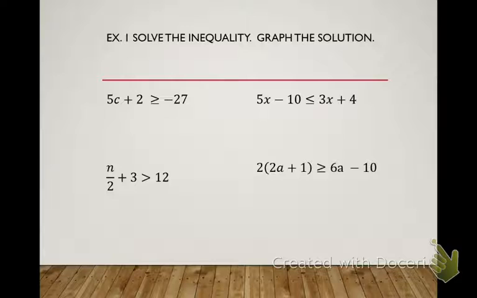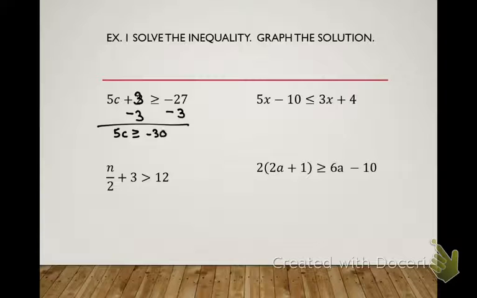Subtract it. Does everybody agree that 2 minus 2 would make this cancel? Okay, actually, let's make that a 3 so this works out to be a little more even. Okay, so let's subtract 3 to the other side. All right, no biggie. Okay, so now 5c is greater than or equal to, what's negative 27 minus 3?